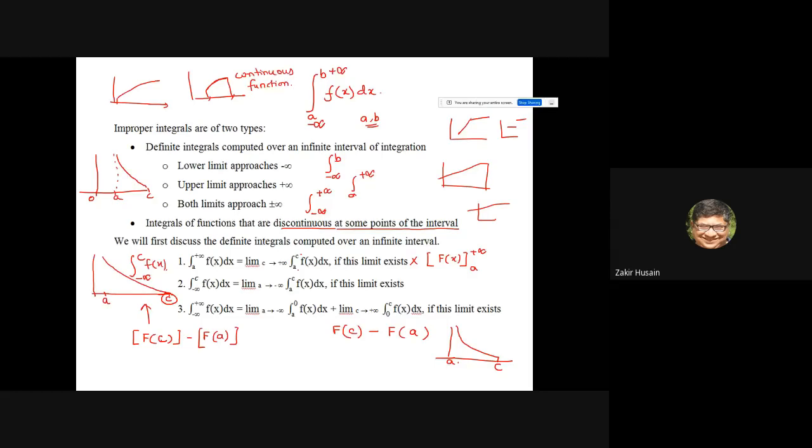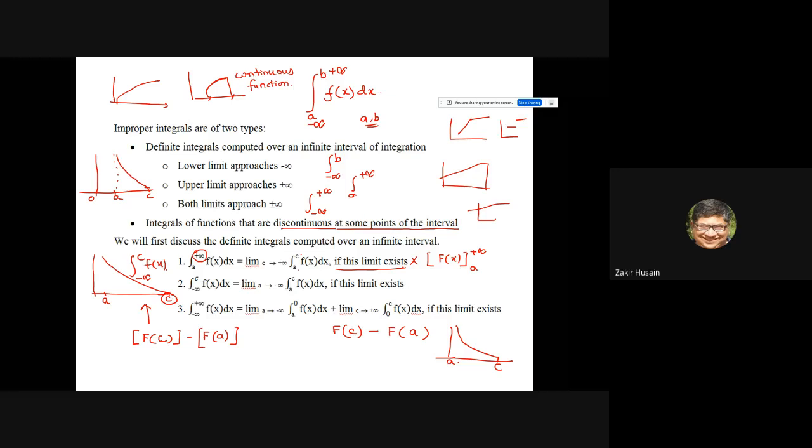Unless it is asymptotic at this portion, we cannot apply this rule. So remember that a limit must exist. Unless the limit exists, unless it is asymptotic, we cannot apply these rules.